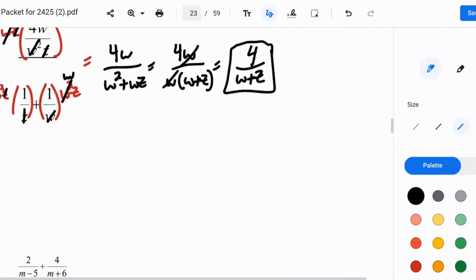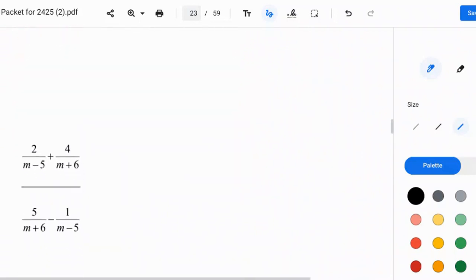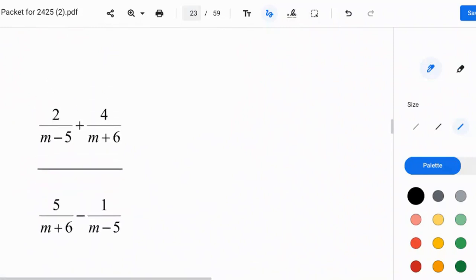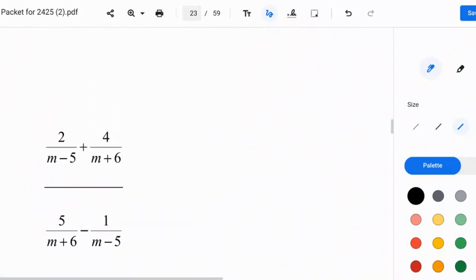All right, and then the tougher ones, maybe for some people, maybe not for others, are these binomial ones. For binomials, we said when we found the LCD earlier on in this chapter that you just represent each binomial that you see one time. So I see an m minus 5 and I see an m plus 6.